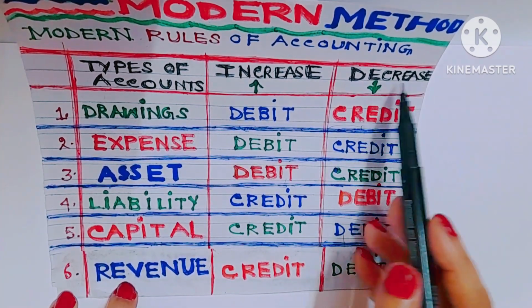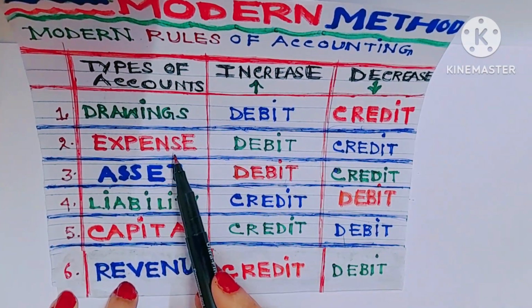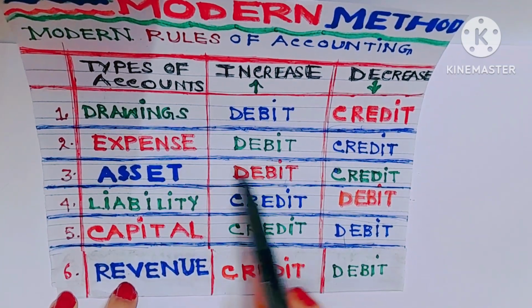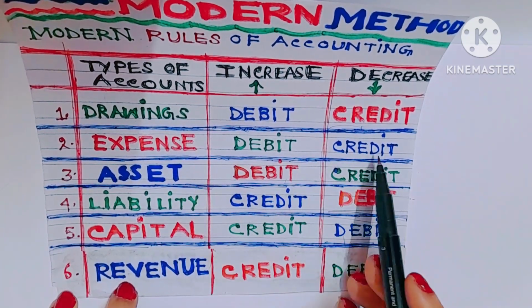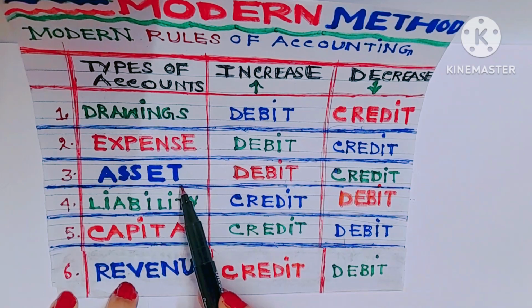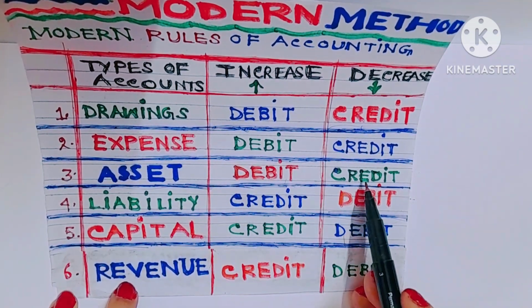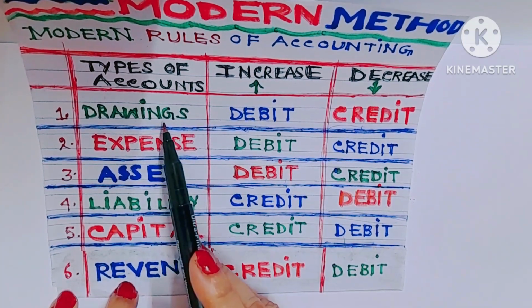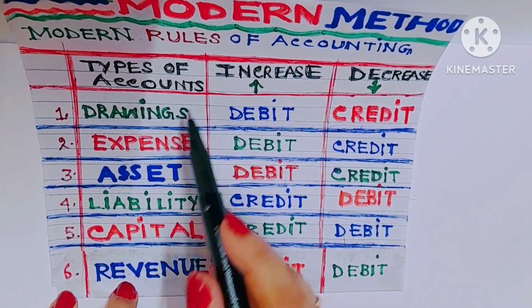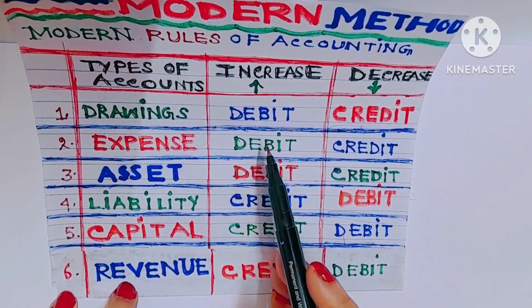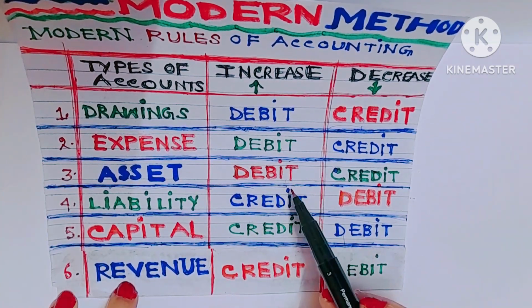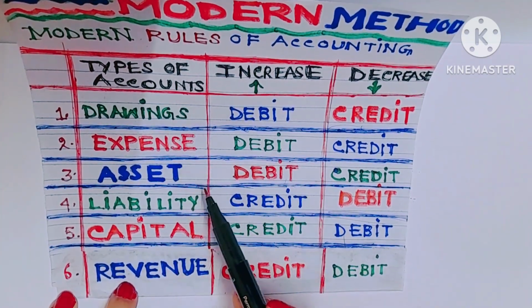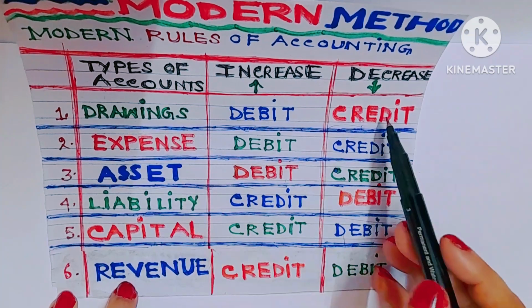See, decrease. If expense is increasing, it should be debit. If expense is decreasing, it should be credit. If asset is increasing, it should be debit. If asset is decreasing, it should be credit. See, তিনটেই এক. Drawings, expense and asset তিনটেই এক. যখন তিনটেই increase করছে, debit, debit, debit. আর যখন তিনটেই decrease করছে, drawings, expense, asset তিনটেই credit হচ্ছে.